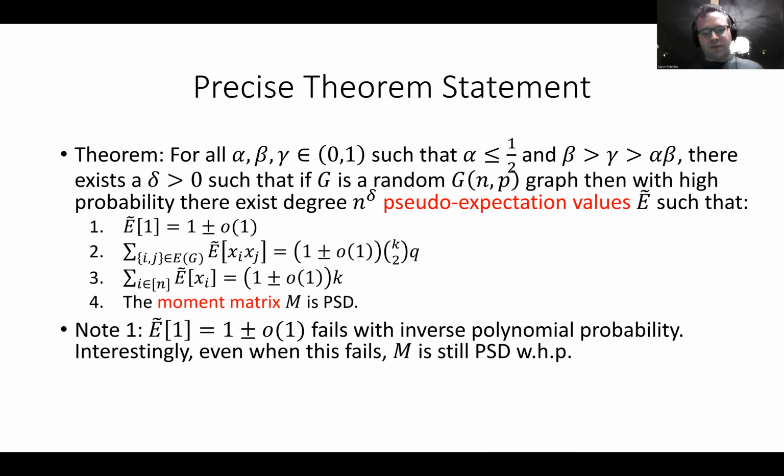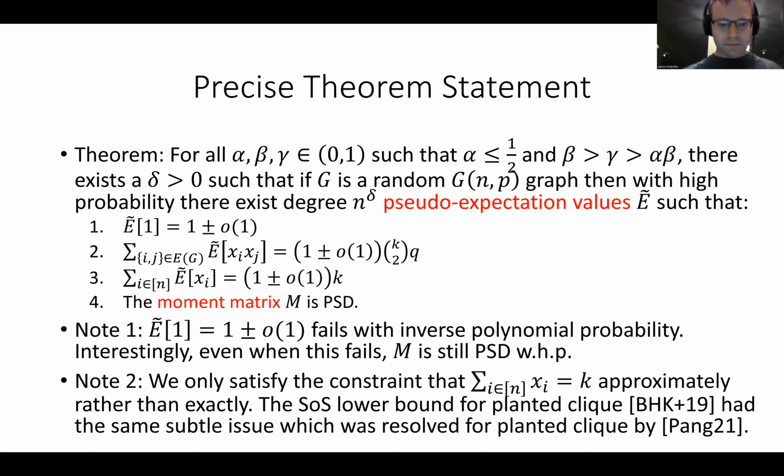But interestingly, even when this fails, M is still PSD with high probability. And our second note is that we only satisfy the constraint that the sum over i of xi equals k approximately. As a note, the SOS lower bound for planted clique had the same subtle issue. For planted clique, this issue was resolved by Pang in 2021.